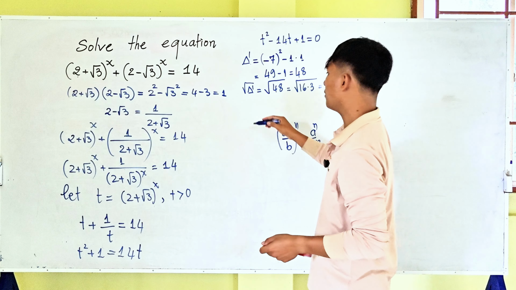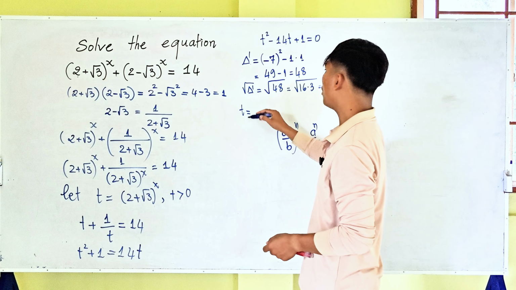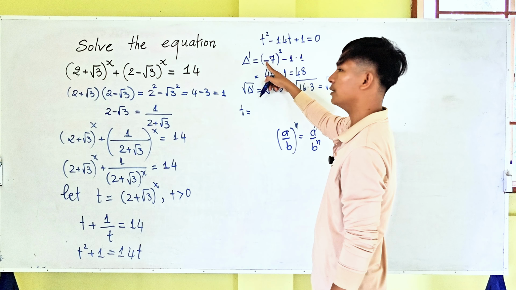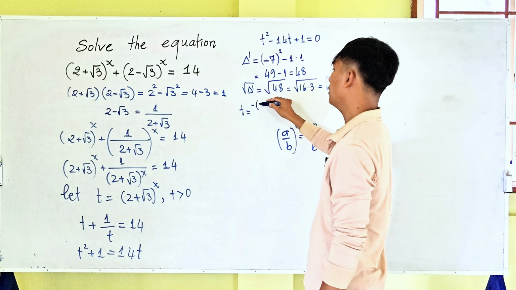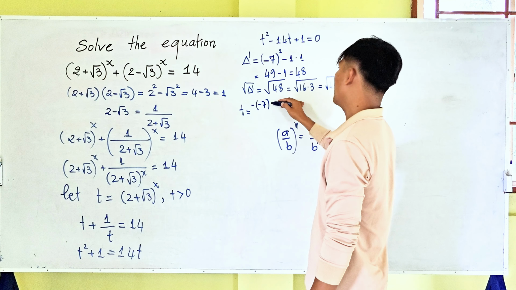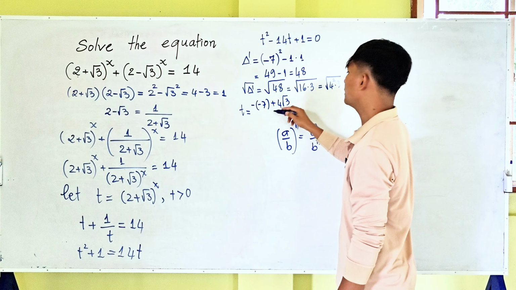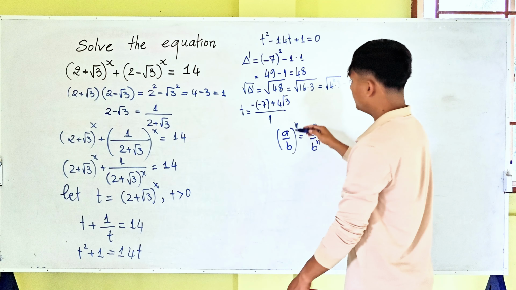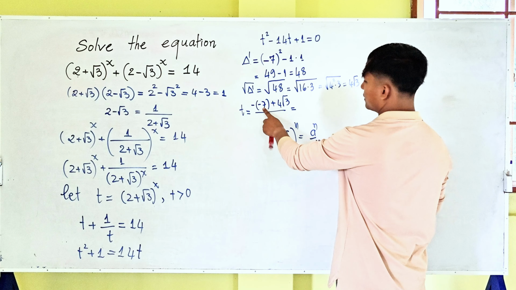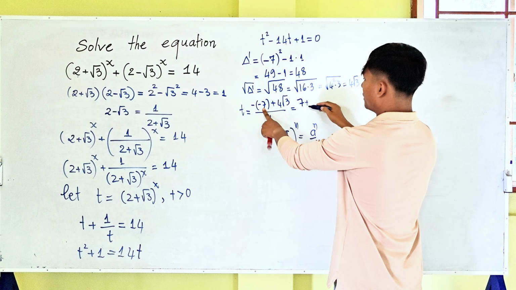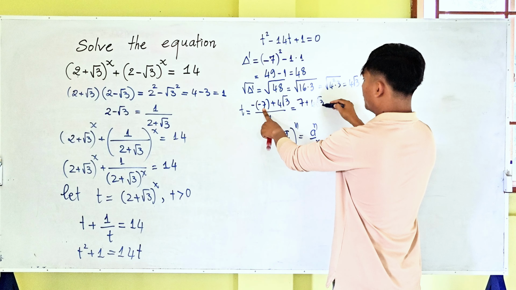And now we get the value of t equal negative (negative 7) plus 4 square root 3, divided by 1. And it's equal to 7 plus 4 square root 3.